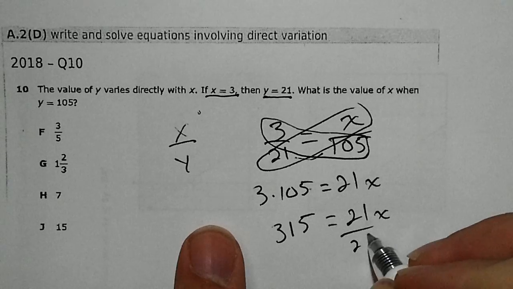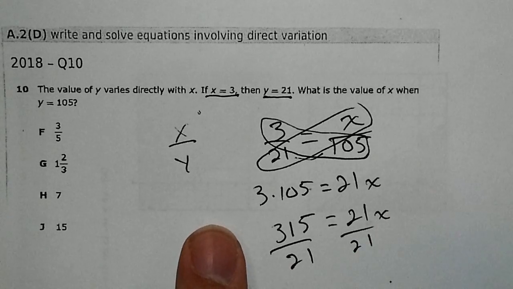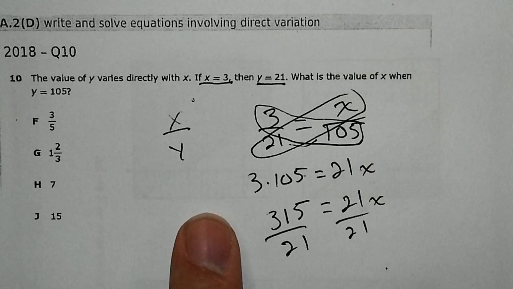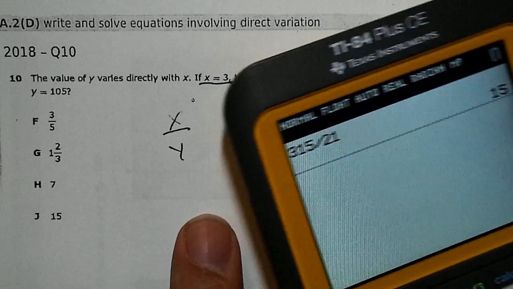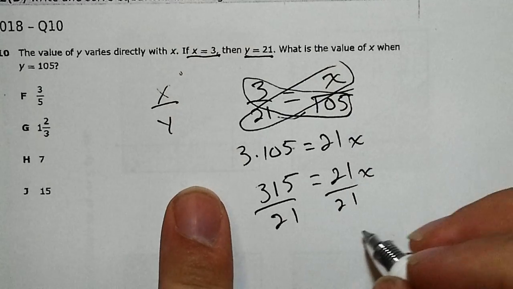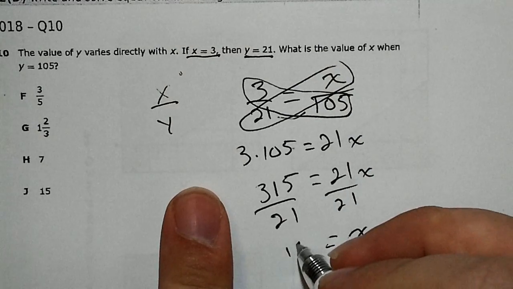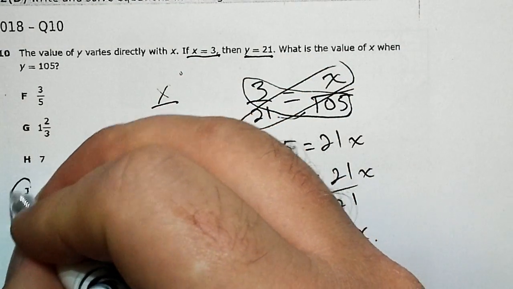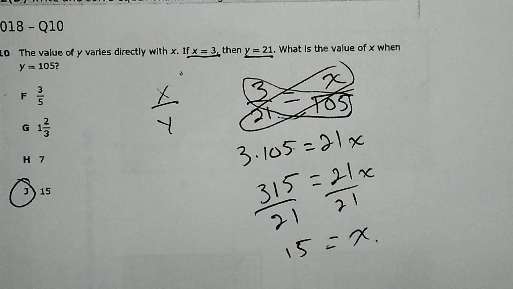Now we divide by 21. 315 divided by 21 is 15. So x is 15. J.